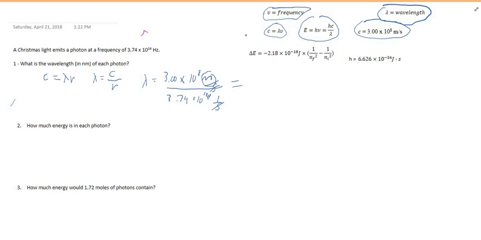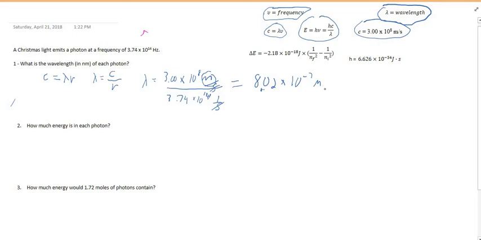And I get 8.02 times 10 to the minus 7th meters.